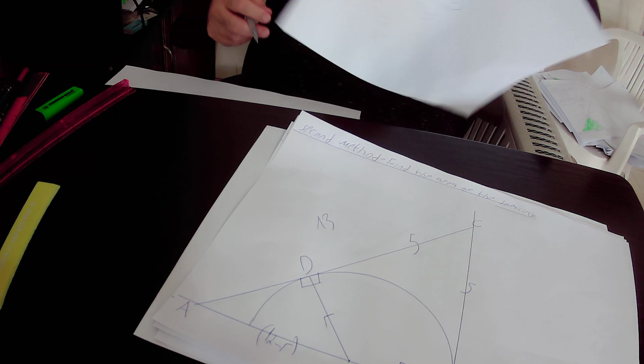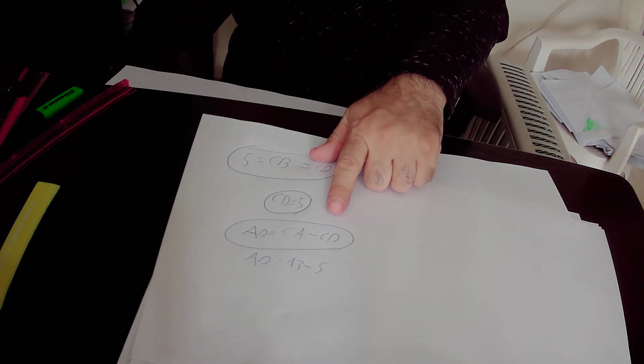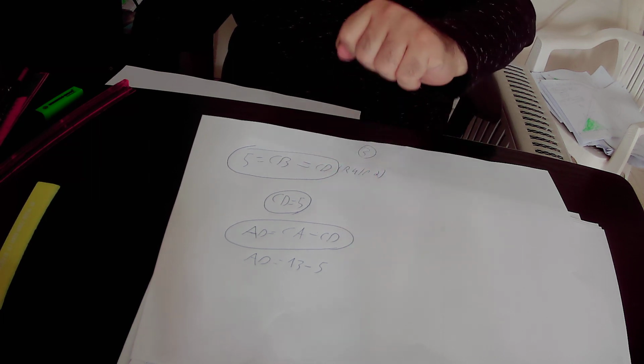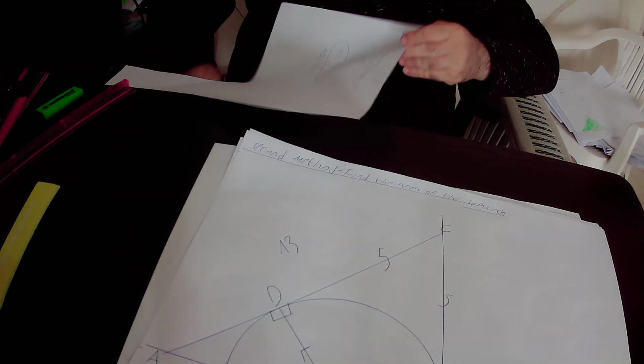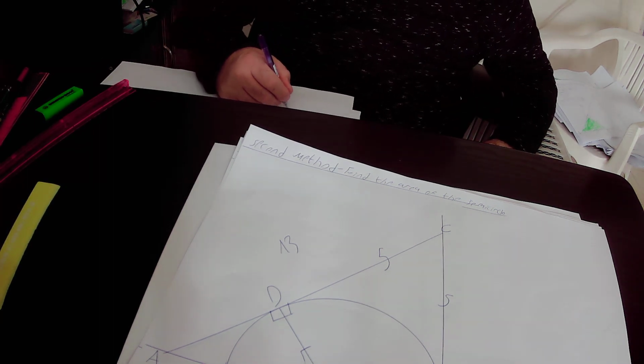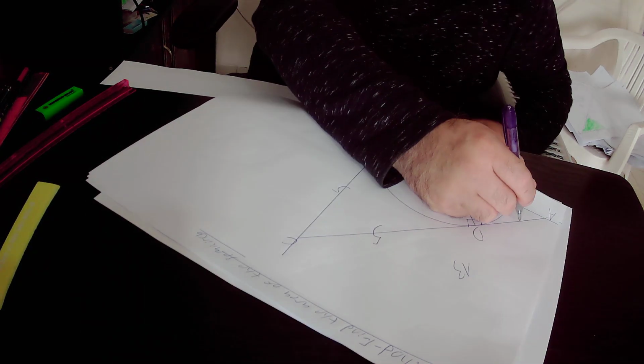So in conclusion, AD equals CA minus CD, that is 13 minus 5, and 13 minus 5 is 8. So we found that line segment AD equals 8 units. So we can write here that AD equals 8 units.